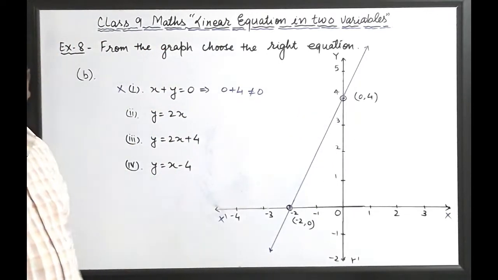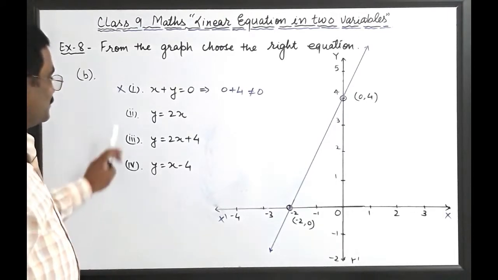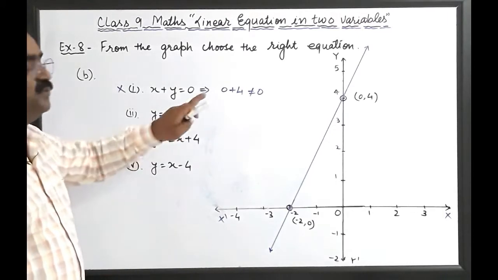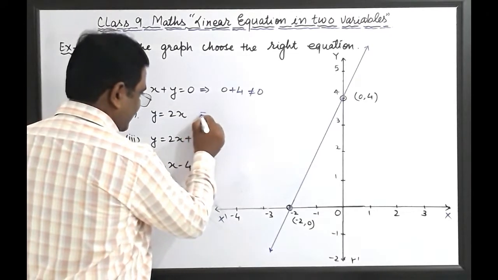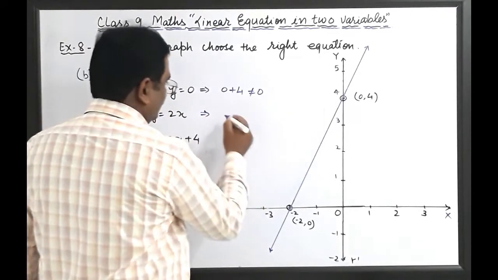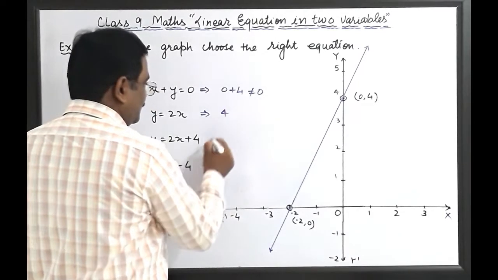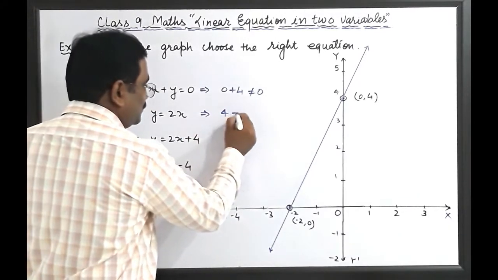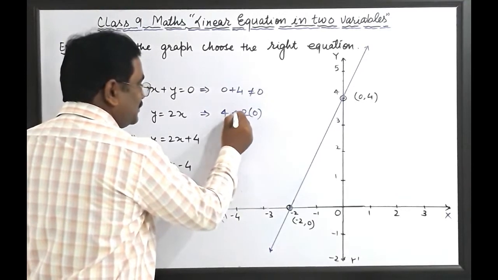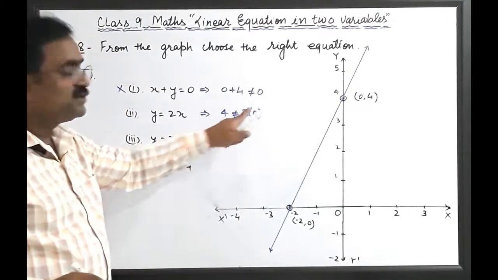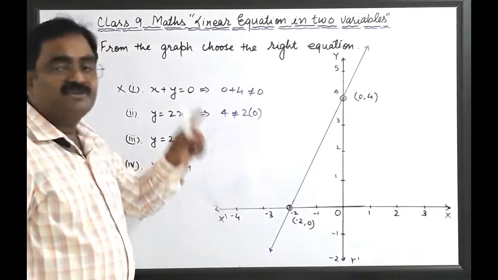Let us see the second. So the second is given, y is equals to 2 of x. The value of y is given here, 4. So is this 4 equals to 2 of x, which is 0? This is also not equal, because 2 zeros are 0 and this 0 is not equals to 4.